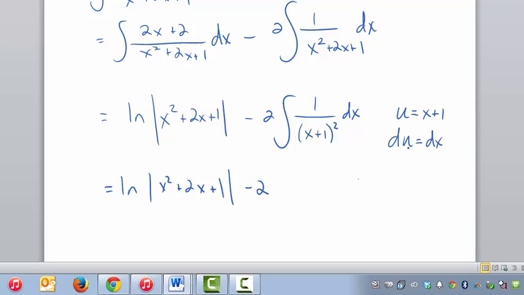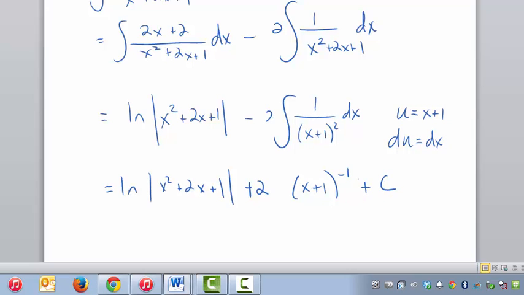And really it's just u to the negative 2. Right? So the antiderivative of that would be u to the negative 1 times negative 1. So that should just give me u to the negative 1 times a negative 1, because when I do that, that would come down. So really it's just going to make that a plus, and then I have plus c.